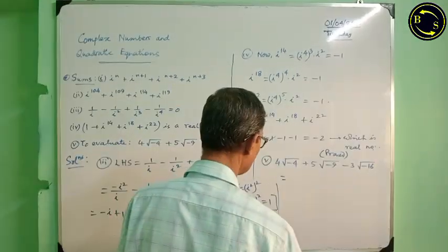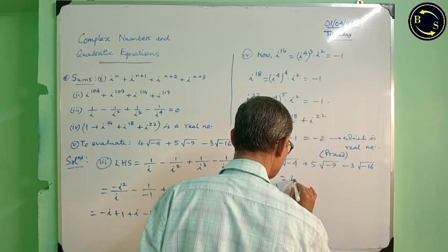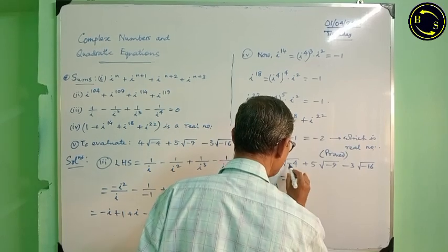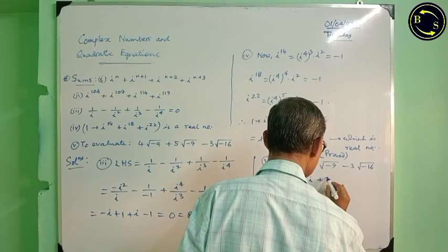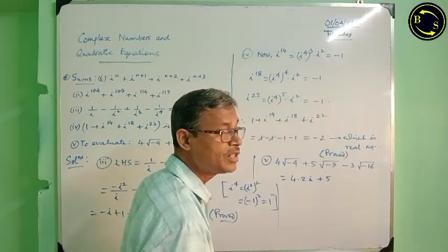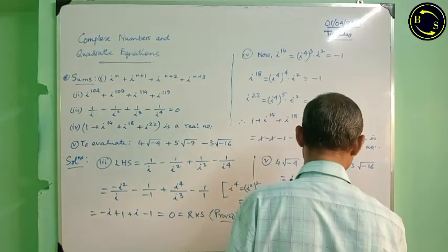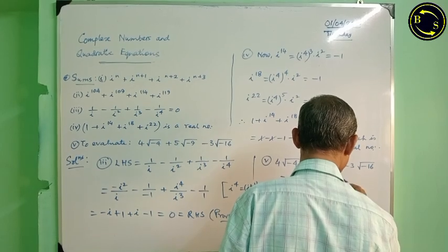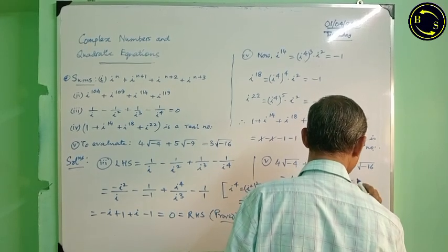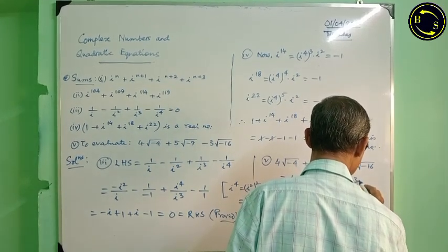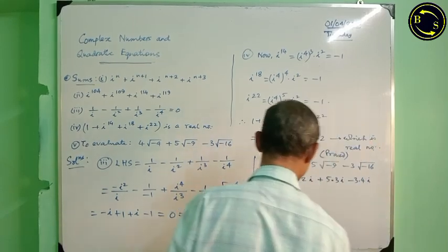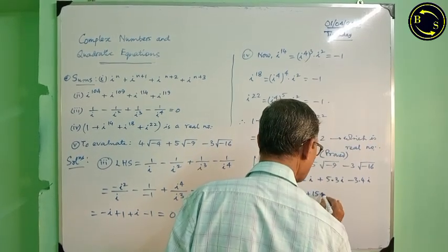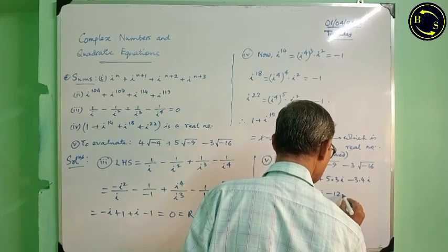Now, this is 4 into 2 root over minus 1, that is i, plus 5 into 3 into i, since 9 means 3 square, minus 3 into 4 into i: 8i plus 15i minus 12i.